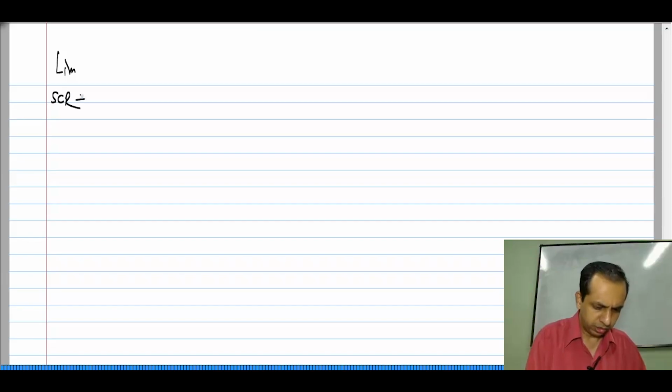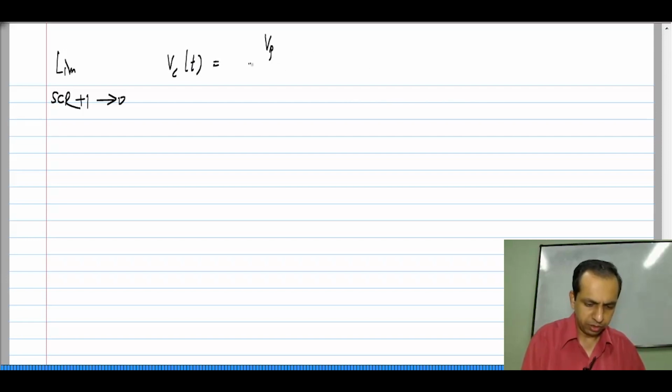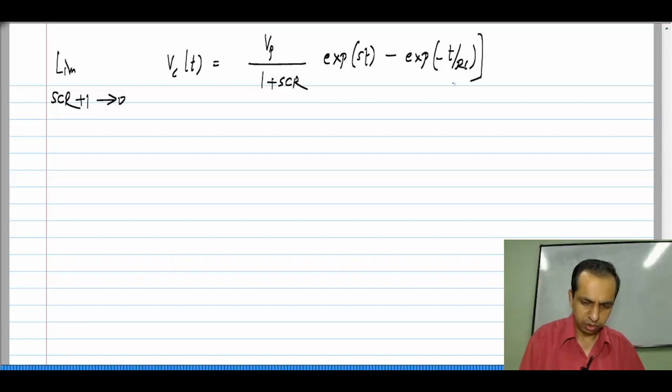The limit as SCR plus 1 goes to 0 of Vc of t, which is really Vp by 1 plus SCR times exponential St minus exponential minus T by Rc, plus Vc of 0 plus exponential minus T by Rc.